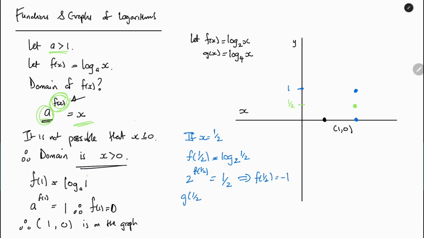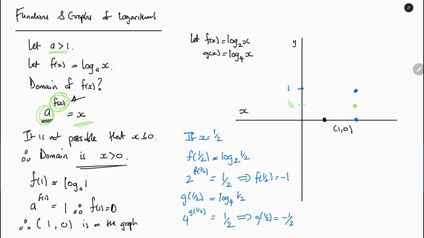And g of a half is going to be log base 4 of a half. So this means that 4 to the power of g of a half is equal to a half, and this implies that g of a half must equal negative a half.